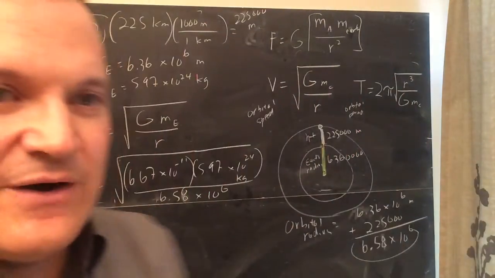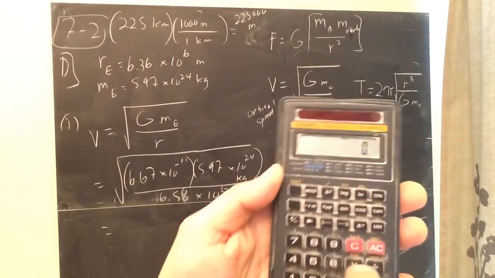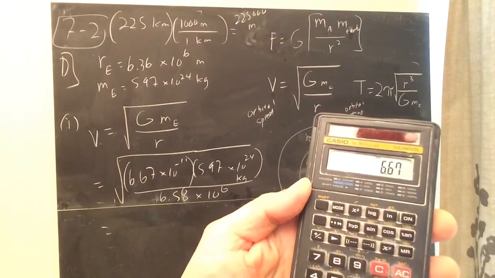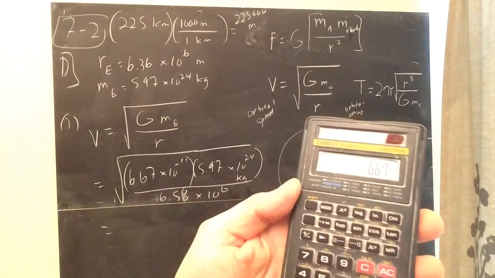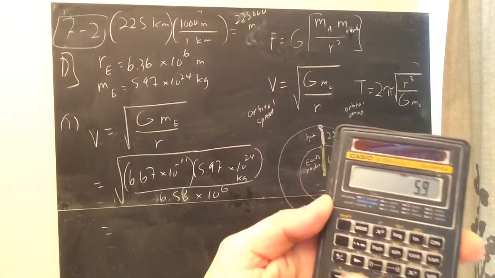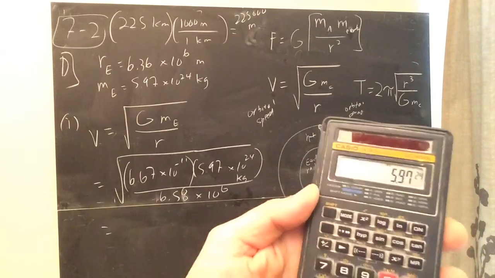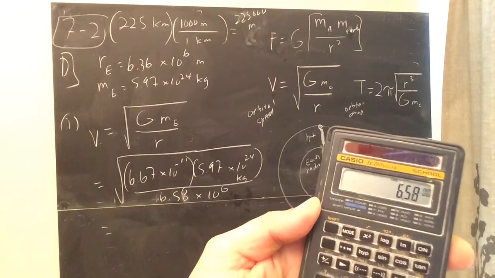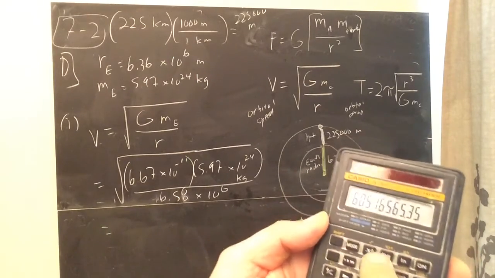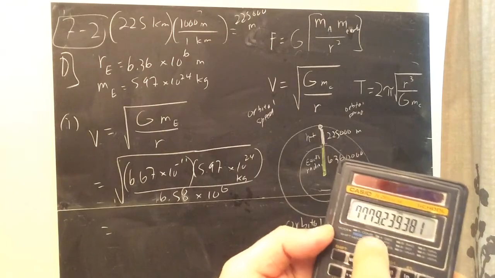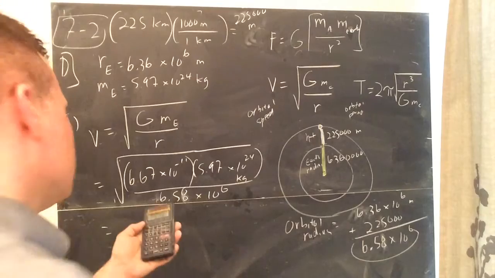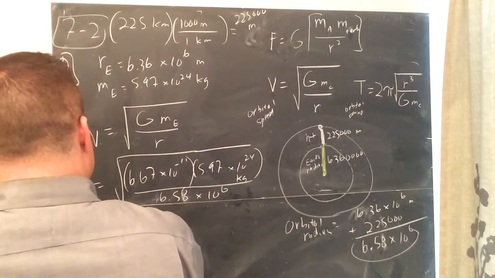Okay, I'll show you the whole math right here with my chalked up calculator. 6.67 10 to the negative 11 times 5.97 10 to the 24th divided by 6.58 10 to the 6, then get the square root of that number, and it's 7.779.